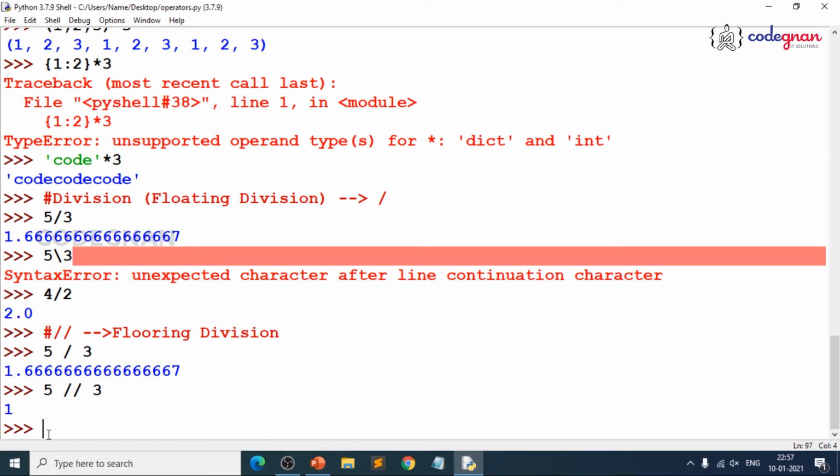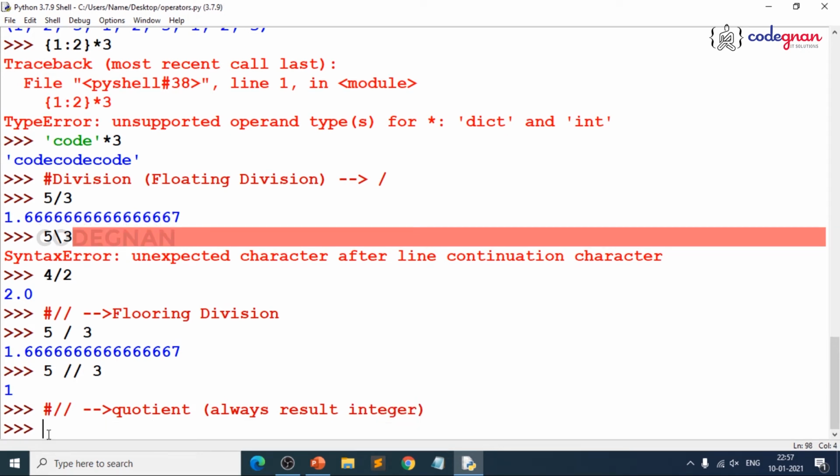So flooring division always gives you the result as quotient, and it is an integer. You cannot get a float value. Always the result is an integer. Just remember that point, because this is also called integer division.